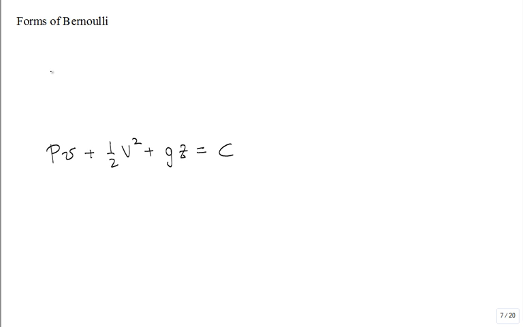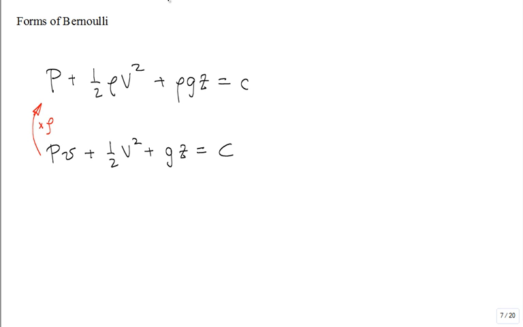Did you learn it as P plus 1/2 rho V squared plus rho GZ is equal to a constant? Anybody? Well, you say, these look like they're the same equation. Well, sure, they are. What did we do here? You just multiplied by density. True?